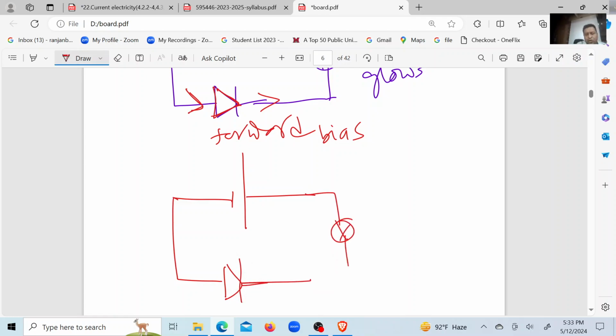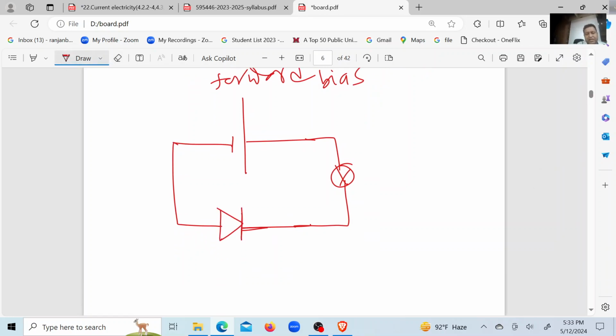The lamp will not glow at all. Actually, this diode disconnects the circuit. Assume there is a gap. It introduces infinite resistance. This is called reverse bias.